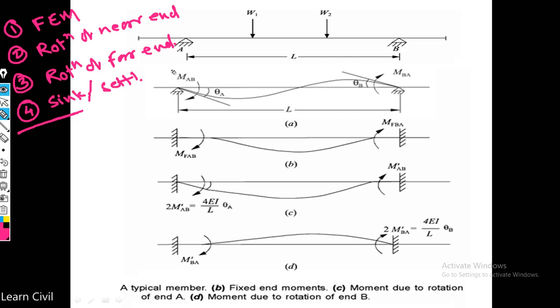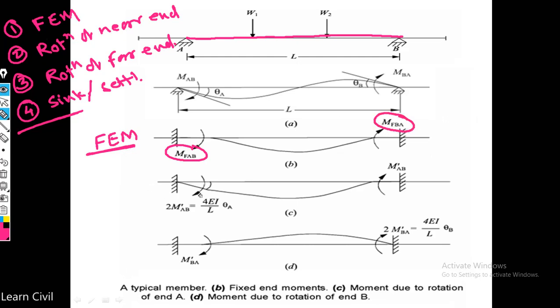Now let us consider a beam AB which is subjected to some load, as shown in this figure. The fixed end moment is MFAB, and the fixed end moment for BA will be MFBA.